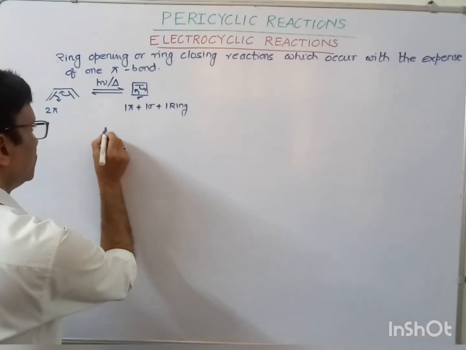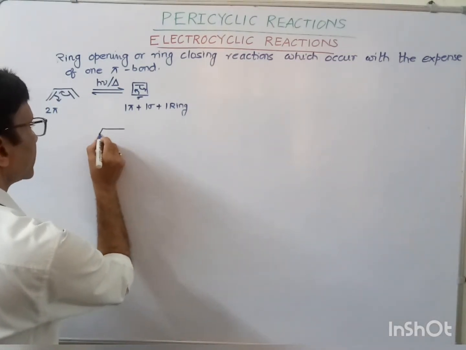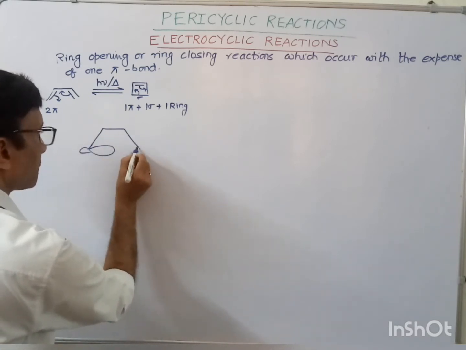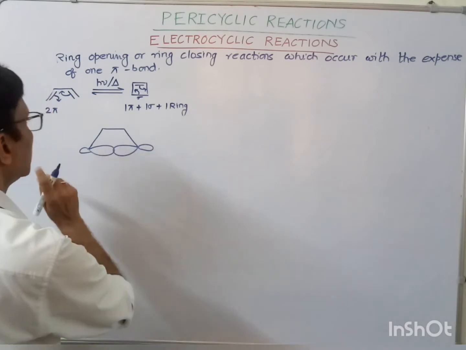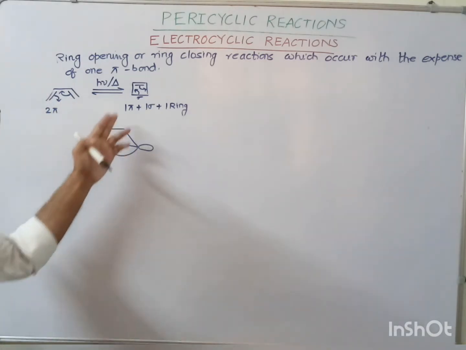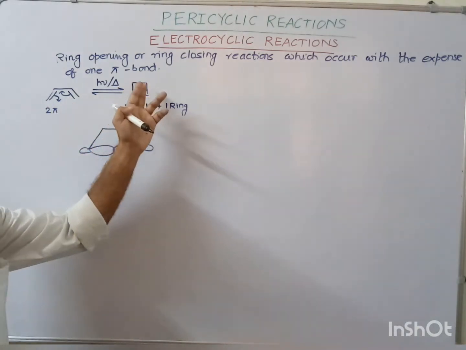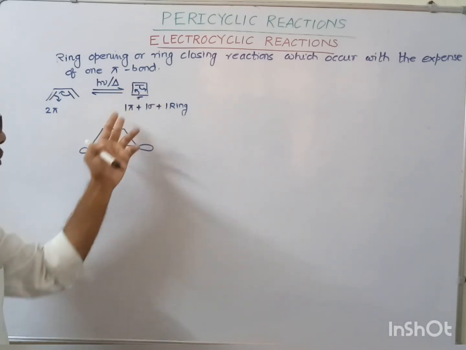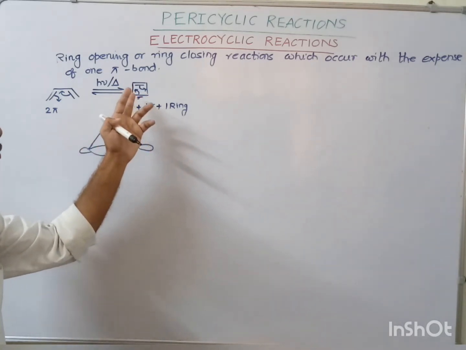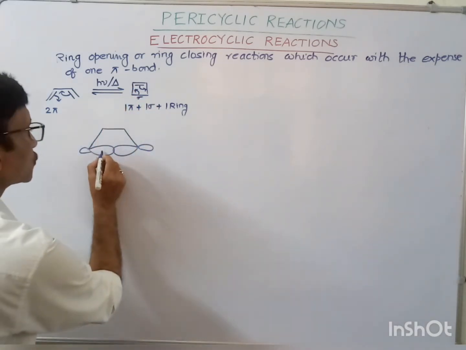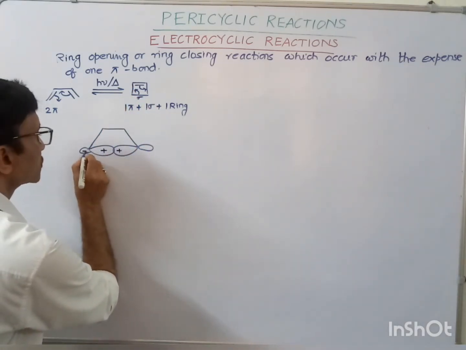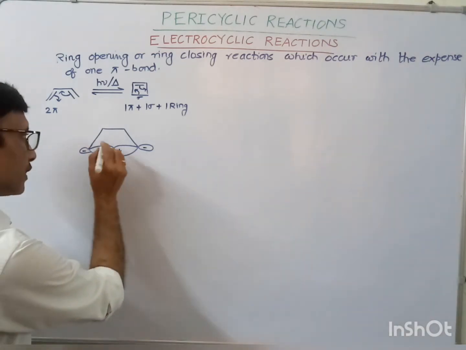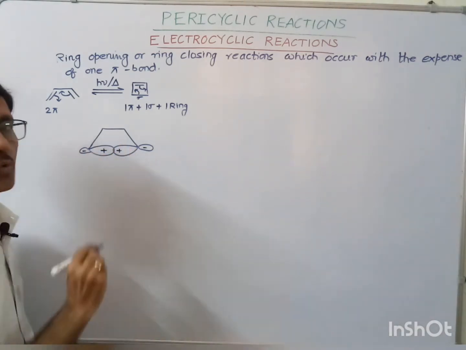Suppose I write only this sigma orbital. I have not written the pi bond over here. I have only written the sigma orbital for cyclobutene. So suppose the rotation occurs in a conrotatory way.